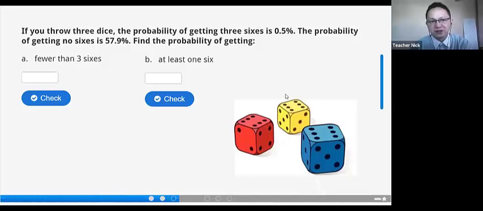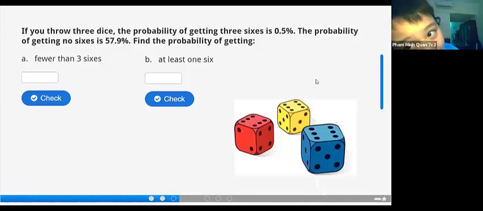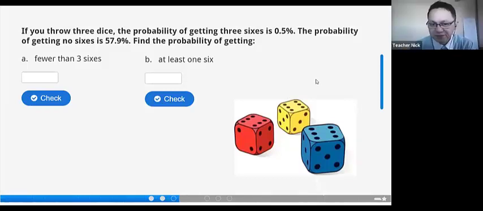The probability of getting no sixes is 57.9%. Find the probability of getting A, fewer than 3 sixes. Fewer than 3 sixes. 99.5%.